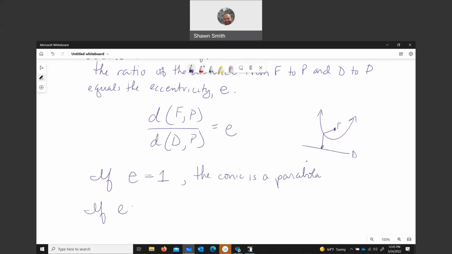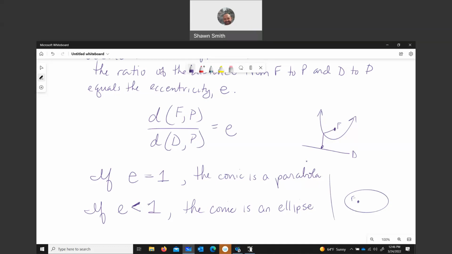If e is less than 1, the conic is an ellipse. And then you can draw that picture too, and you can see it. Your focus is here, and your directrix is somewhere way outside, either to the left or to the right.